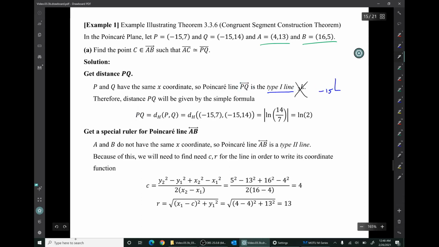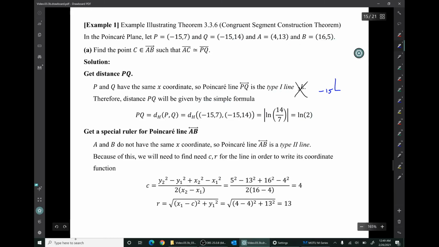So on that line, we use this distance formula. The distance between these 2 points in the Poincare plane is the absolute value of the logarithm of the ratio of their y values. So that's a mouthful, but when I do that and I use their y coordinates, I get this: ln of 2 is the distance from P to Q.